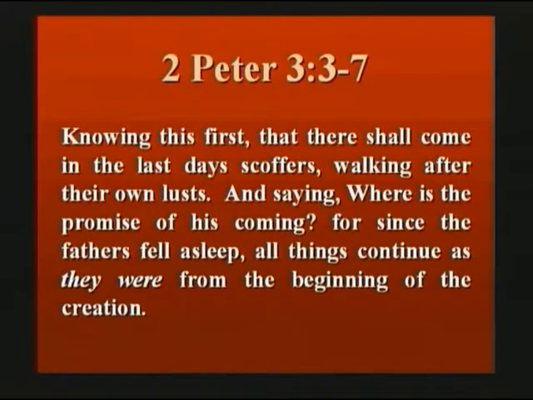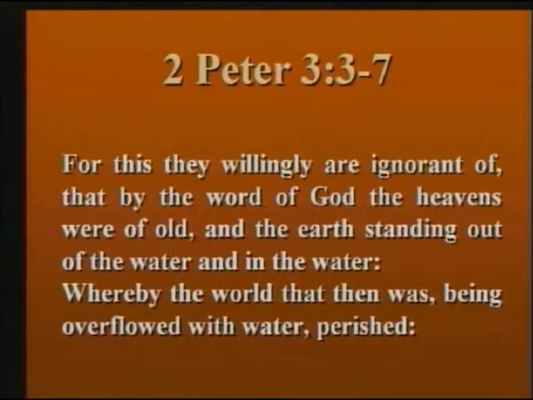Ever since our fathers fell asleep, all things continue as they were from the beginning of creation. Everything continues as it was always. That's the law of uniformitarian thinking. The past must be explained by the present. For this they are willingly ignorant of.